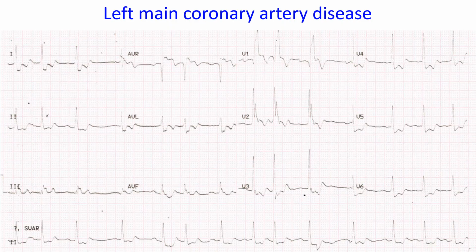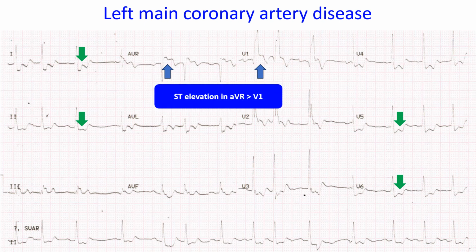In this ECG, there is ST segment elevation in aVR and V1 along with ST depression in inferior and lateral leads. ST elevation in aVR more than that in V1 is also suggestive of left main disease. In addition, there is right bundle branch block pattern.